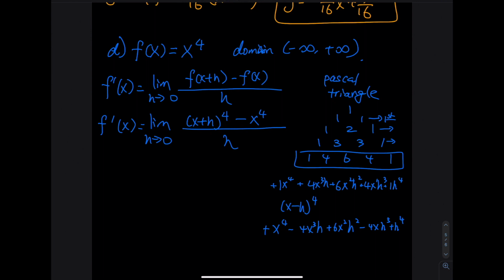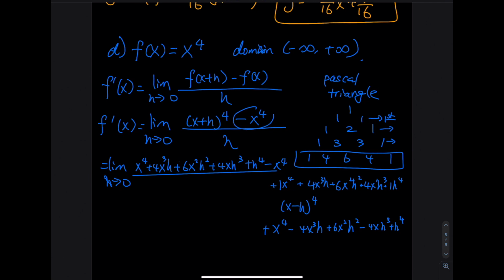So let's bring the expansion to the top. As h goes to 0, we have x to the fourth plus 4x cubed h plus 6x squared h squared plus 4x h cubed plus h to the fourth, minus x to the fourth, divided by h.